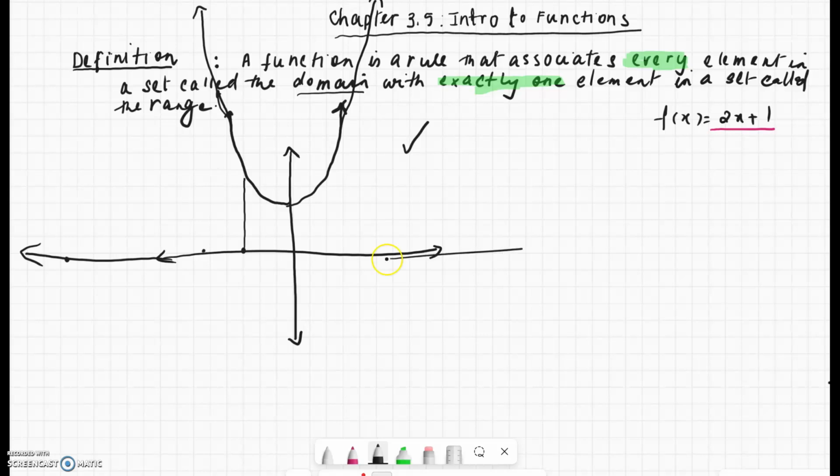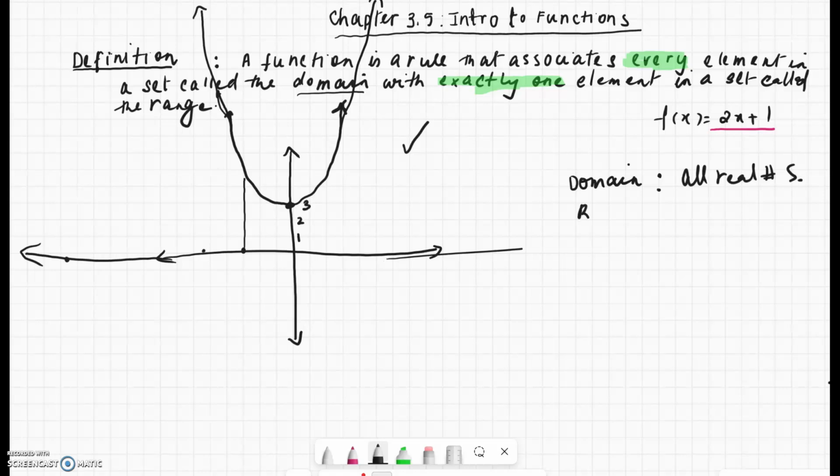So basically, the domain of this function is all possible x's. So the domain of this function is all real numbers.